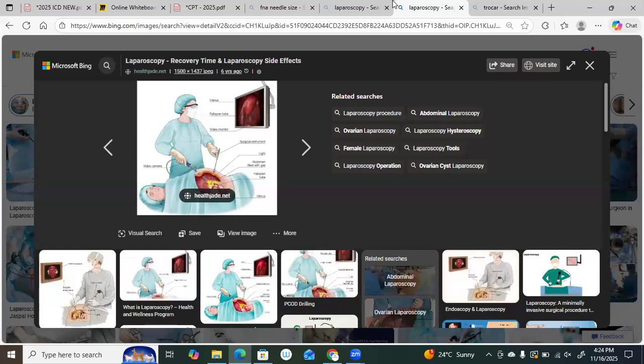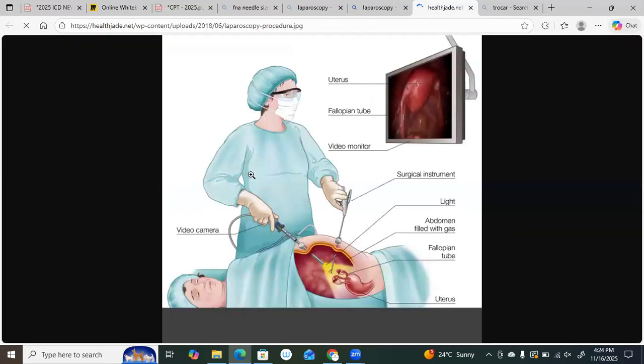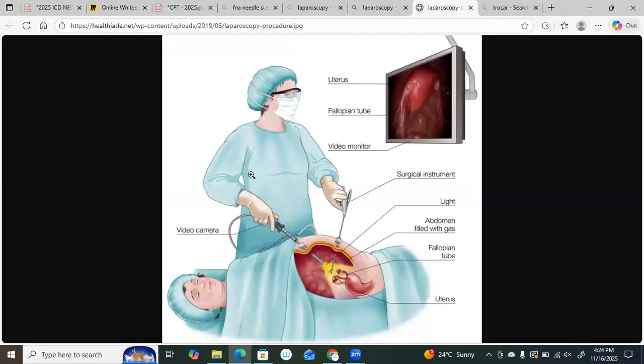In the monitor, what happens? This is a tool. In this tool, the camera has been inserted. Here, the doctor needs to insert the camera and inflate it. And with the other tools, the doctor is able to perform the other procedures.